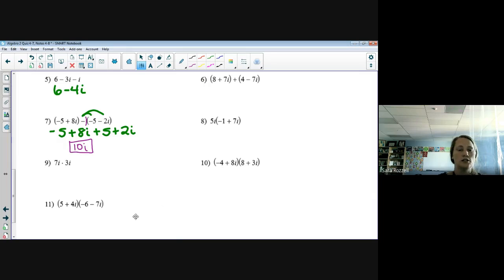I said we were just going to do the odds, but there's not one like number 8 that's an odd, so I want to make sure that you see that. So if I say 5i times this, I'm going to distribute my 5i. So this is 5i times negative 1 plus 7i. I'm going to write that down.